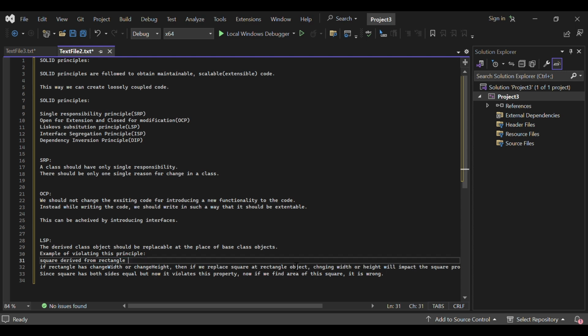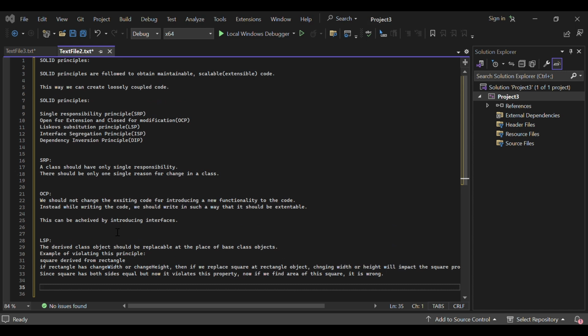If you calculate the area also, it won't be consistent. So this is wrong. We should not derive classes like this. You should consider writing a separate class for square and a separate class for rectangle. So this is about LSP. If we substitute square in place of rectangle, it will violate the principle.